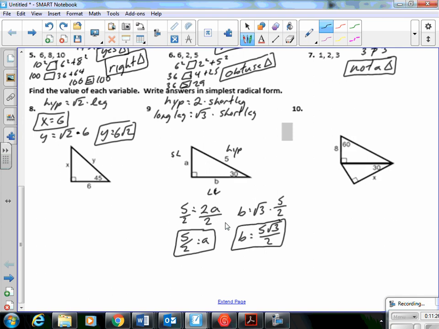All right, number 10. We got two 30, 60, 90s stacked on top of each other. And so we've got a short leg of 8 trying to get to X down on the bottom, which is a long leg. And in order to get there, we're going to have to go from that short leg to the bottom side, which is a long leg.